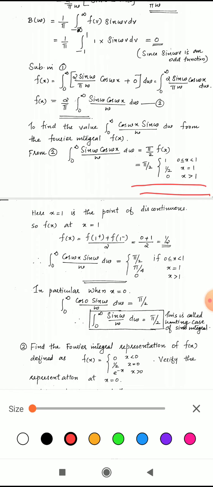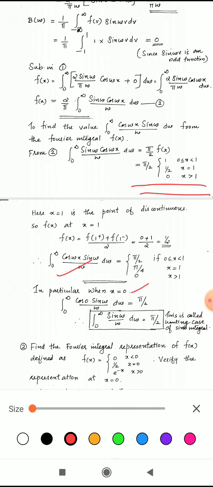Multiplying by pi by 2, we get integral 0 to infinity cos omega x sin omega by omega d omega equal to pi by 2 if 0 less than x less than 1, pi by 4 when x equal to 1, 0 when x greater than 1. Now consider another particular case when x equal to 0.